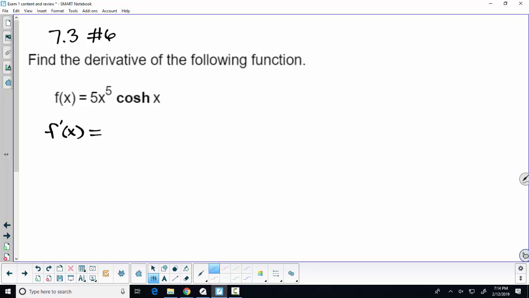So the derivative of cosh is sinh, hyperbolic sinh. But we've got the product of two functions, so you're going to have to use the product rule here first. Derivative of the second.